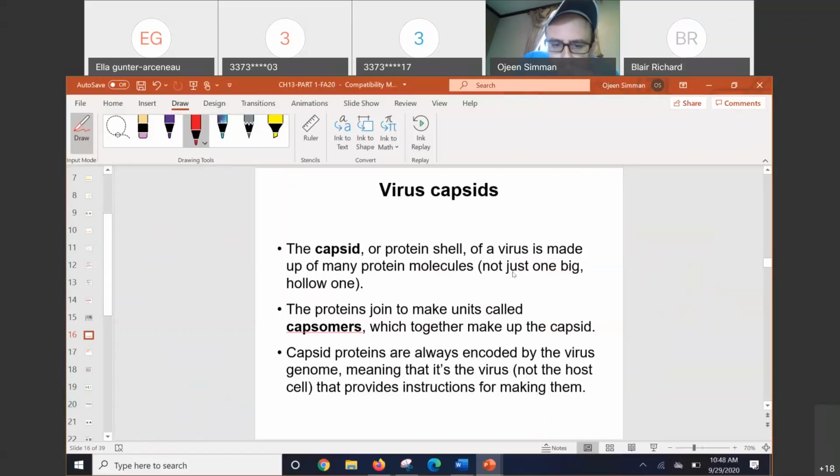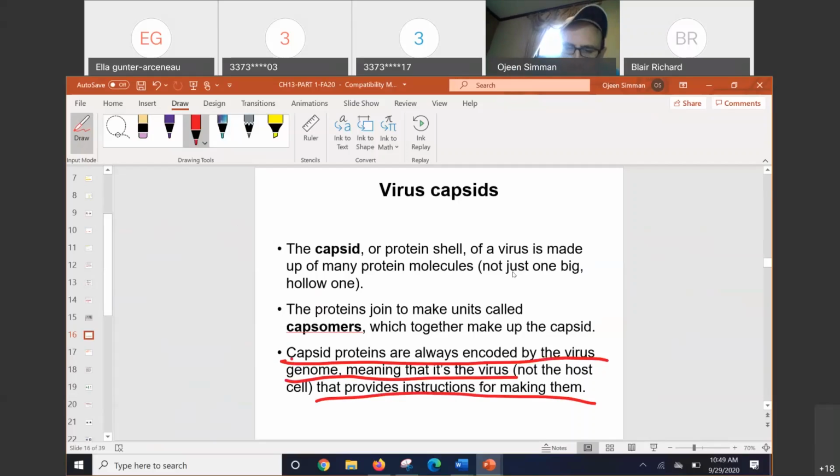Now, the proteins of the virus are always encoded by the virus genome, meaning that it is the virus, not the host cell, that provides instructions for how to make these glycoproteins. That's very important.